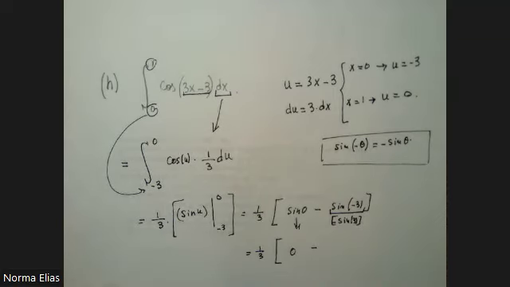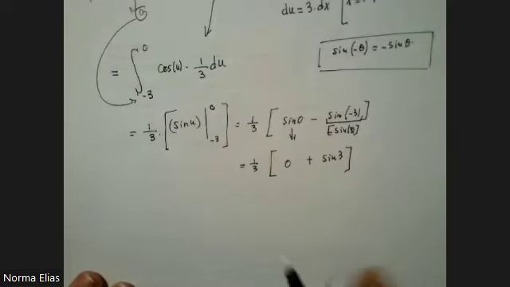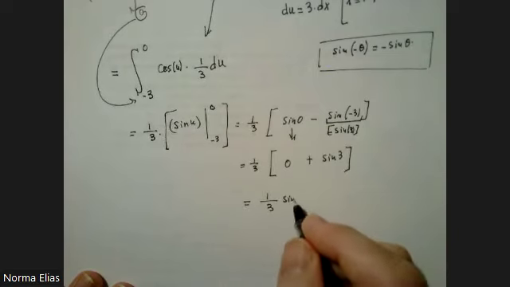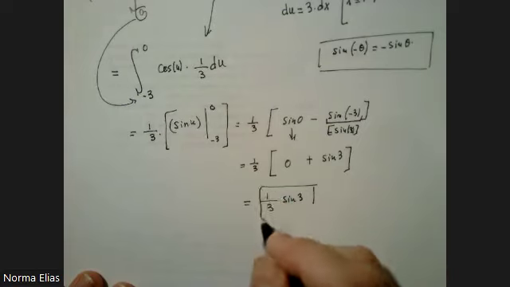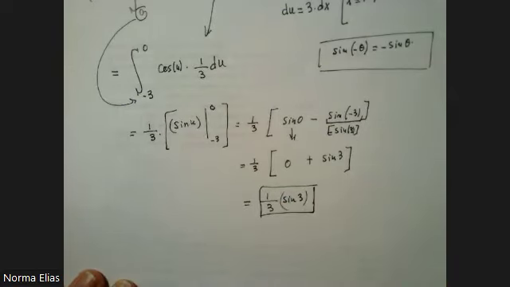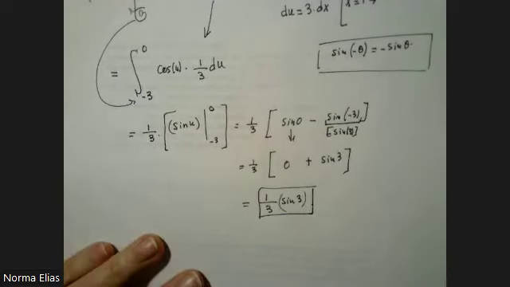That's using the definition of the sine. So this would give me minus minus, plus sine 3. And finally, we get 1/3 sine 3. Remember, that's a constant. There is no C in it. There is nothing. That's really the answer. Okay. Any more questions?